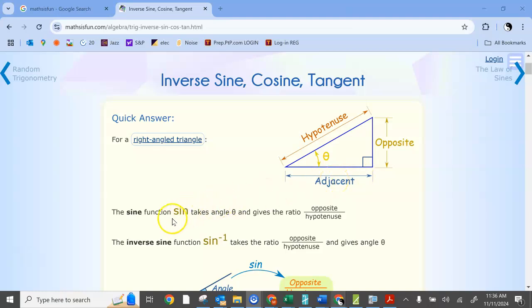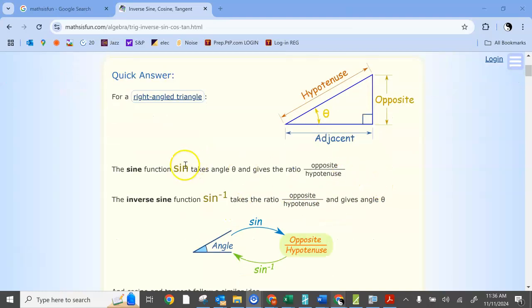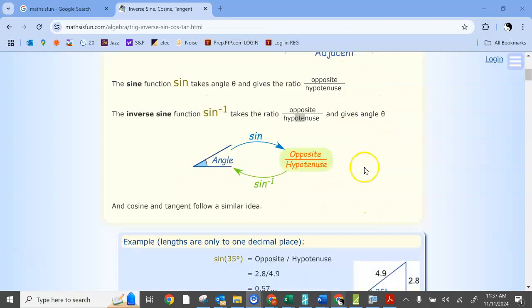We also know that sine takes an angle and gives us this ratio, so sine equals O over H, as in SOHCAHTOA. Now the inverse sine function is designated as sine -1, and it takes the ratio of the sides, the opposite over the hypotenuse, and gives us an angle. So this diagram shows the relationship.